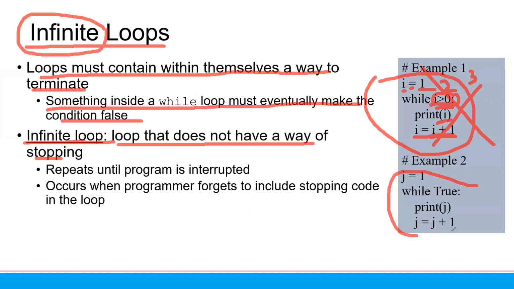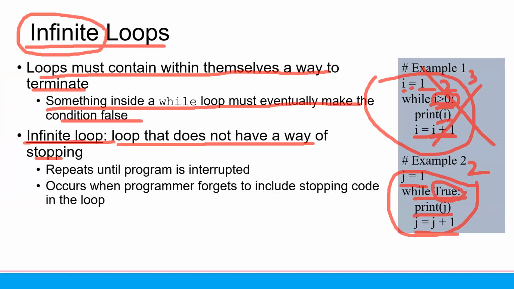This one. J equals 1. While true. So true is the condition. Okay. I want to print J. J equals J plus 1. So J will be 2.